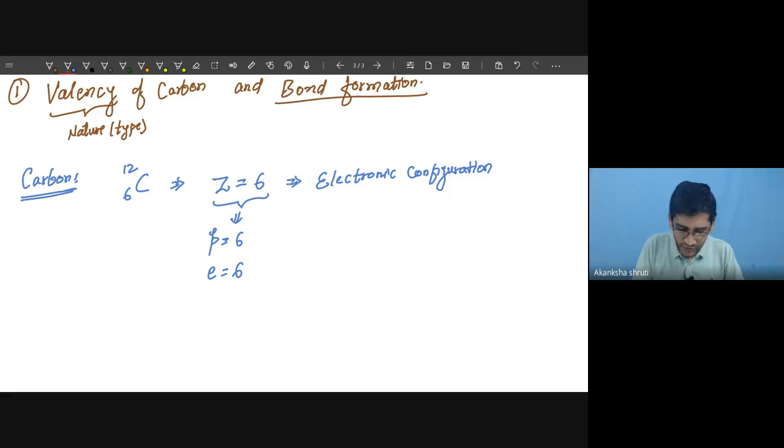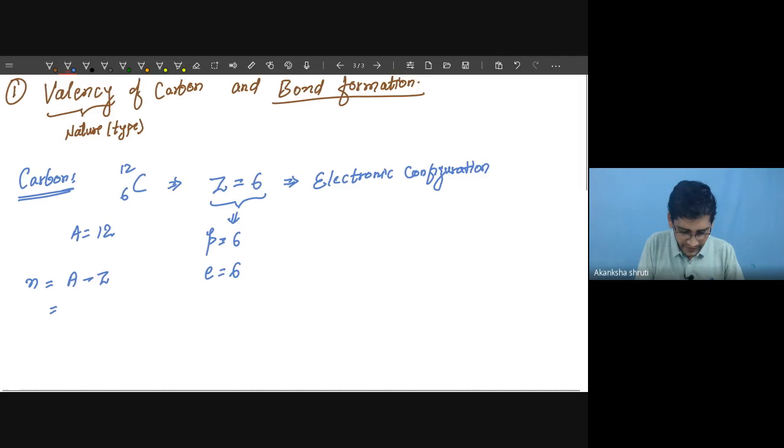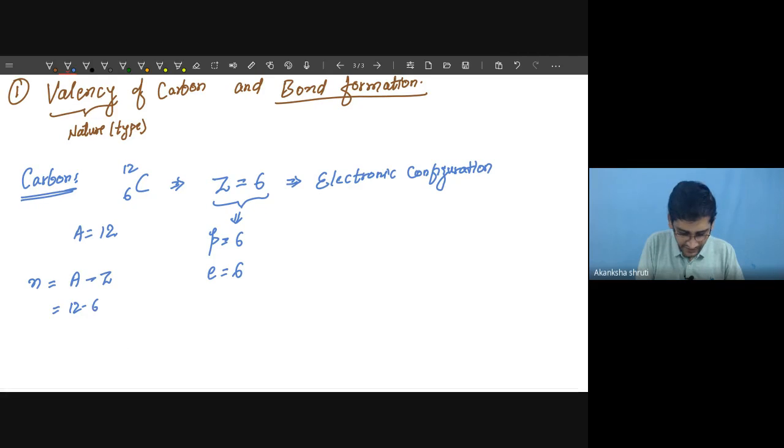Here you can also calculate the number of neutrons. In this case, the atomic number is 6, but the atomic mass is 12. So the number of neutrons is obtained by subtracting the atomic number from the atomic mass, or mass number, basically. So it is 12 minus 6, and the number of neutrons is also 6.